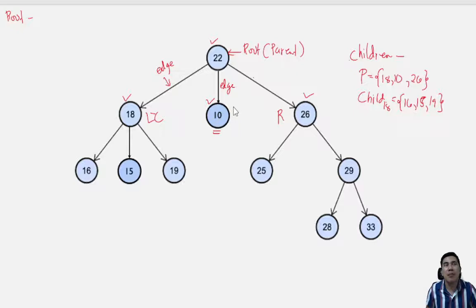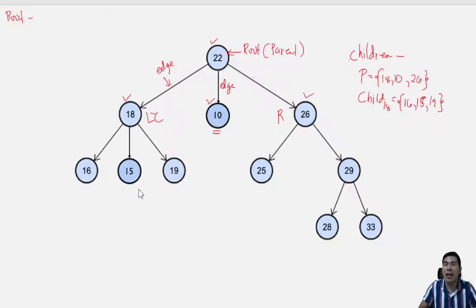But later on we are going to talk about binary trees. In a binary tree, there are at most two children, meaning it cannot have more than two children. So we have here the left child of 18, which is 16, and we have here 19, and then 15 is a child of 18.